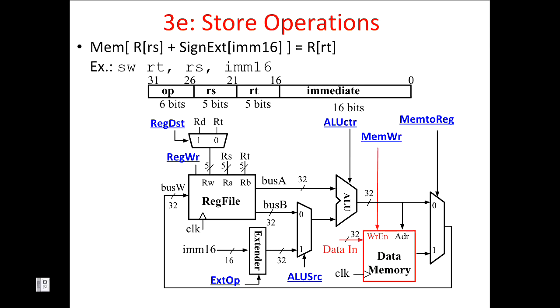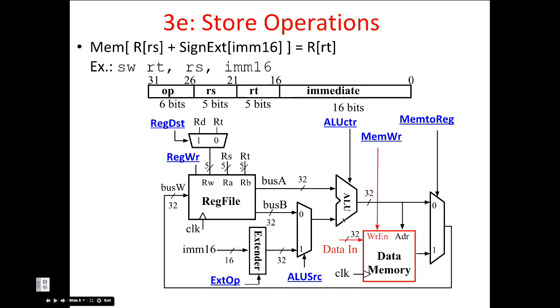So the first thing we see is RegDst, which we've talked about. This will be set up to write to RT, because we don't have an RD at all. So store word stores to RT. RS and RT are in here. We don't really care about bus B, because ALU source will choose the sign extended immediate. We'll take the immediate, set ExtOp to sign extend, feed that into this mux right here, and set ALU source such that we're selecting this immediate.